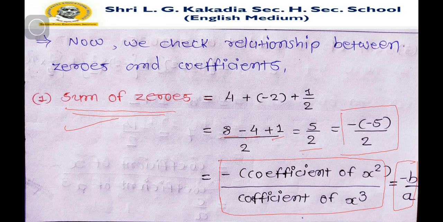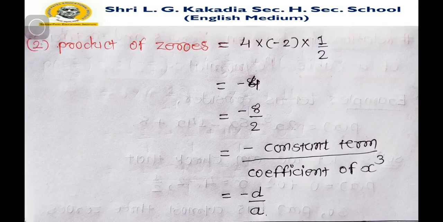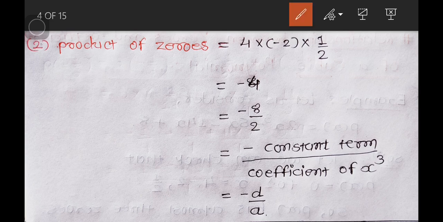Now let me find another relationship. The second relationship is the product of zeros. Here we have three zeros, and we multiply them. So we get 4 into minus 2 into 1 by 2.